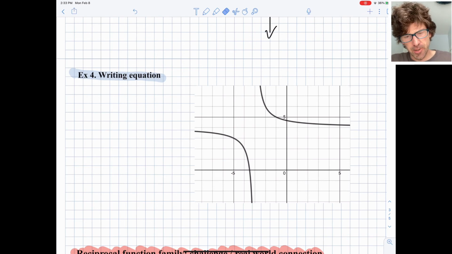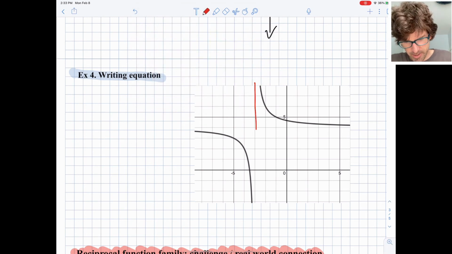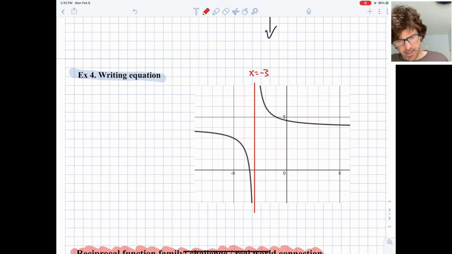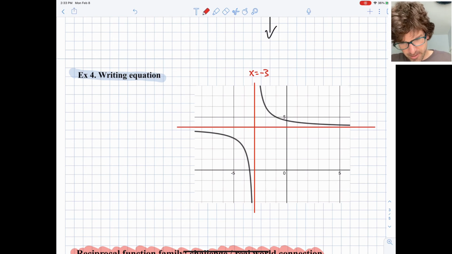What I like to do when we're doing these sorts of problems is draw in what it looks like the asymptote is first. So it looks like that vertical asymptote is at x equals -3, and it looks like this y asymptote, let's get that a little more precise here, is at y equal 4.